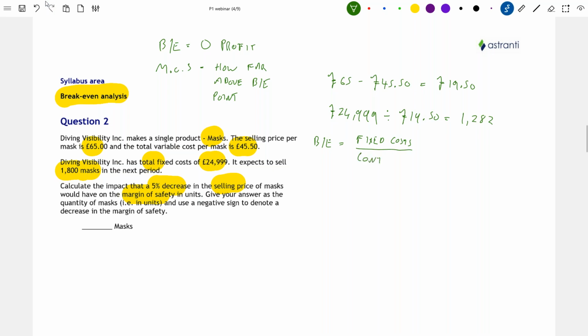So that's the break-even point in units.